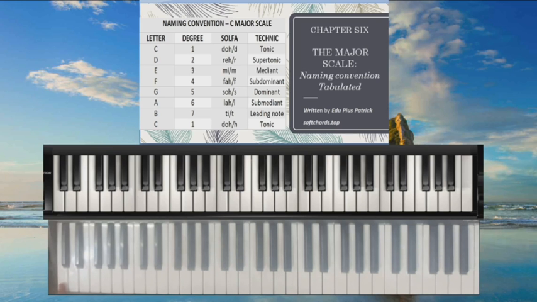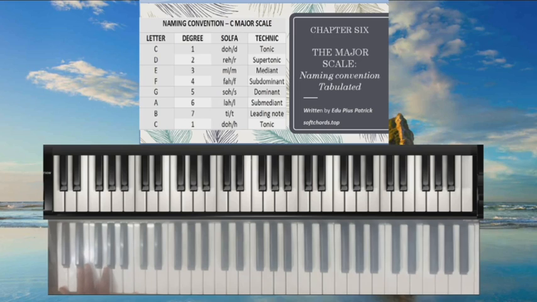Now on letters, you use letters when you're telling the notes in the chord, or the notes in the scales. For instance, our C major scale, we know our notes in the C major scale are C, D, E, F, G, A, B, C. So that is how the notes in the scale or the notes in the chord are written. That is what the letters convention is used for.